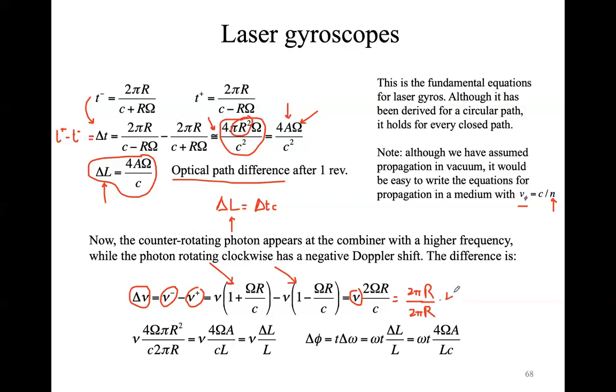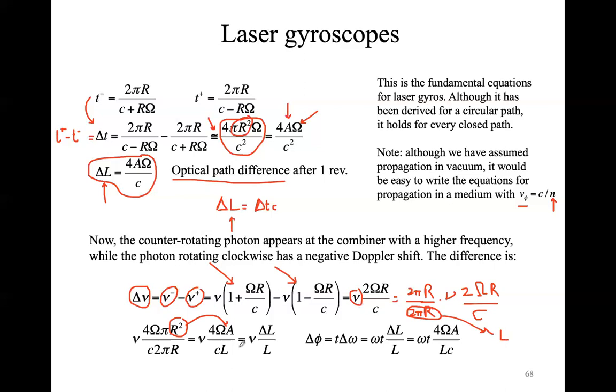What you can find is the expression that you have here. So this is 2 omega r over c. You have here r squared, so you have a pi r squared, that is your area. This 2 pi r, as I said, is the length of your loop.